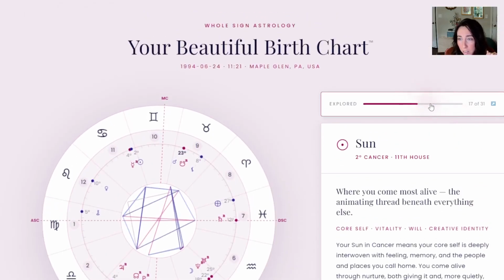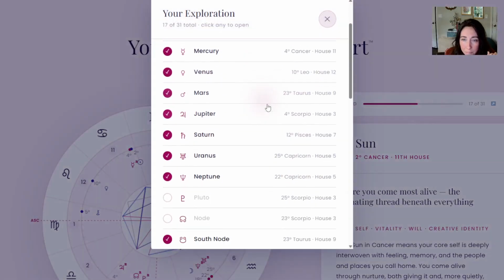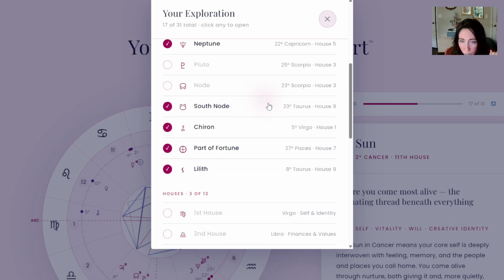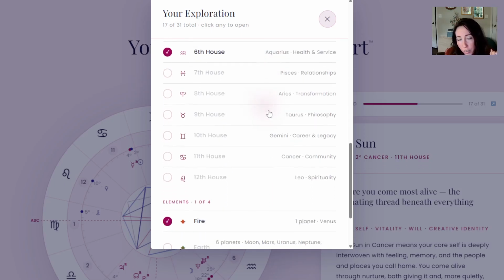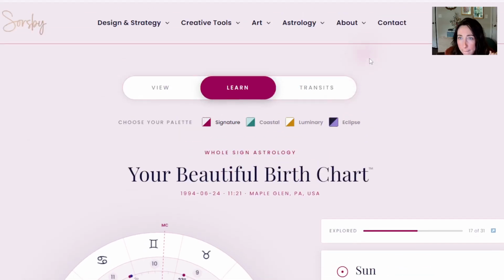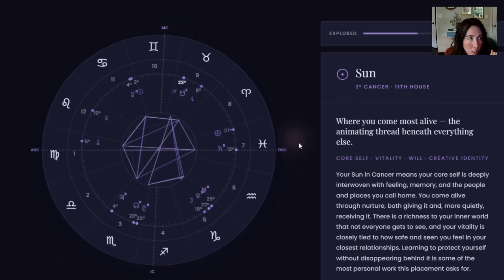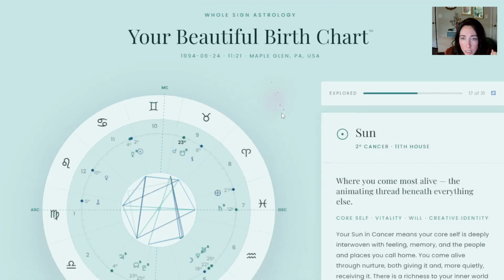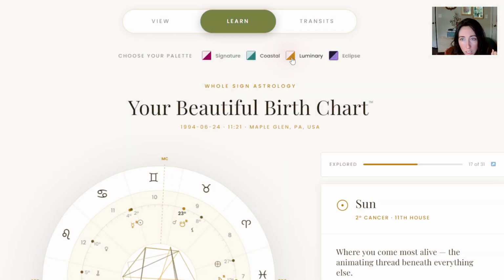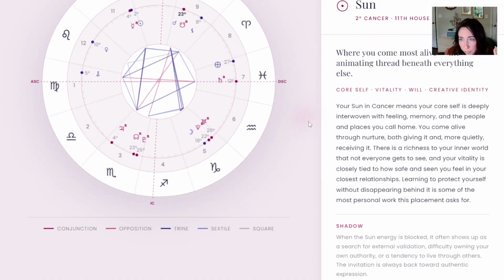And then this is keeping track of which sections you've already explored and what you've missed, so it's pretty cool. And real quick, you can change colors if you're feeling fun like that. I personally like the signature one the best, but to each their own for sure.